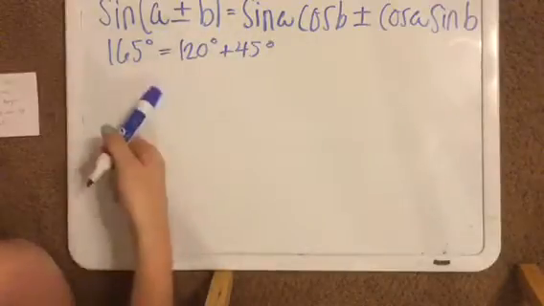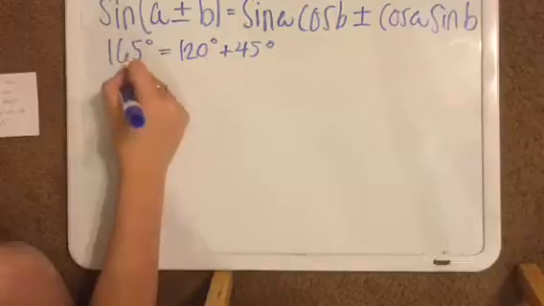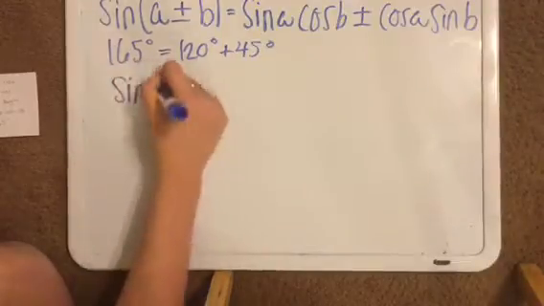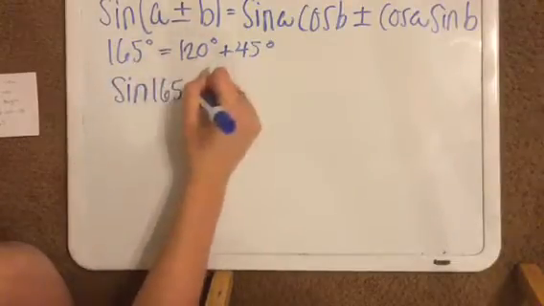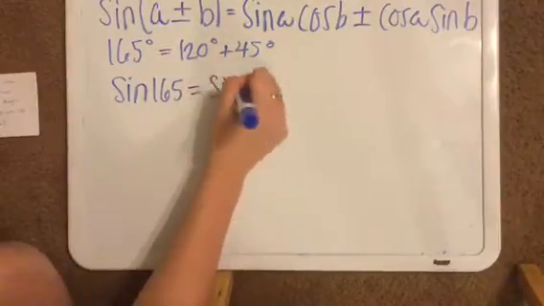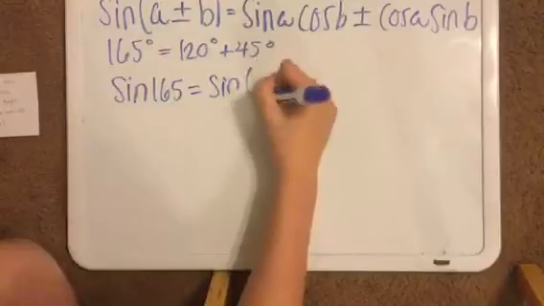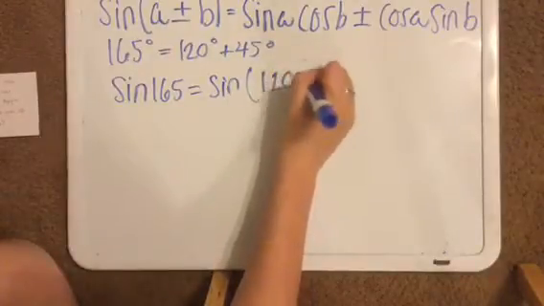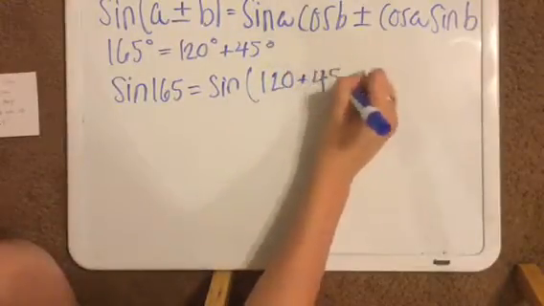So you plug your values into the equation to get sine of 165 equals sine of 120 plus 45.